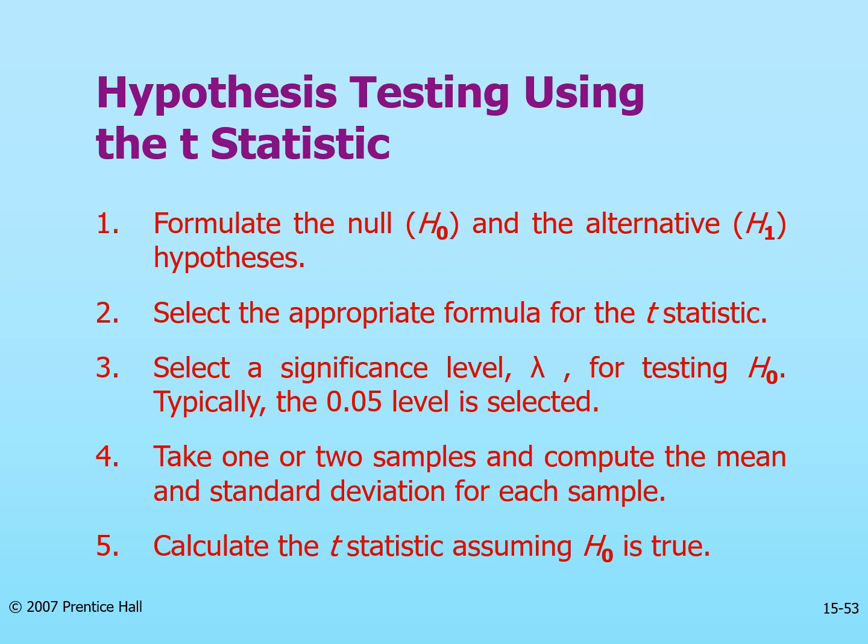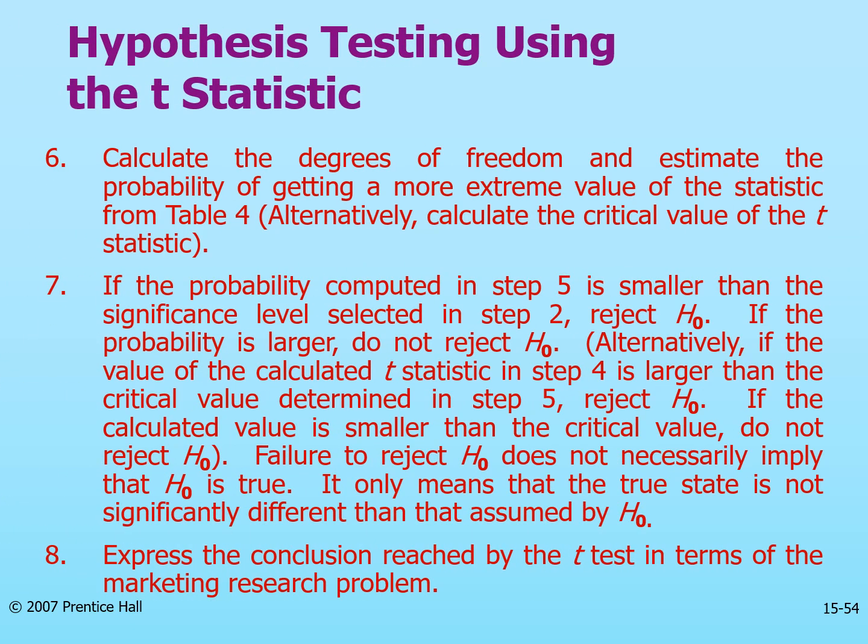Take one or two samples and compute the mean and standard deviation and calculate the t statistic. This is also very important. Calculate the t statistic, assuming H0 is true. This is one of the very important points. Here we are assuming the H0 is true.